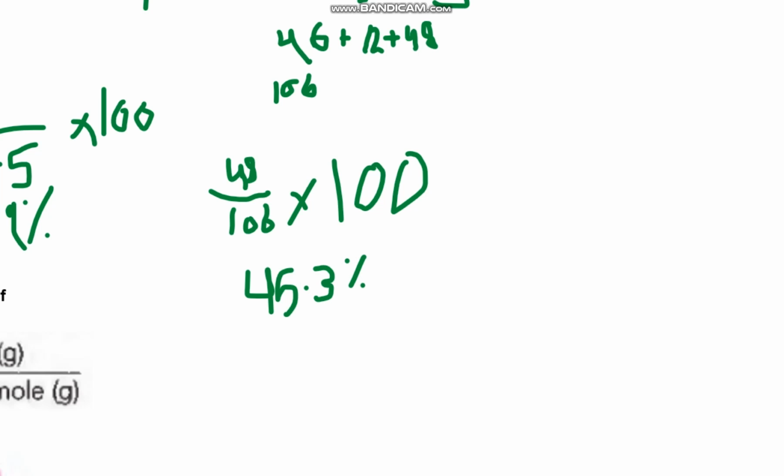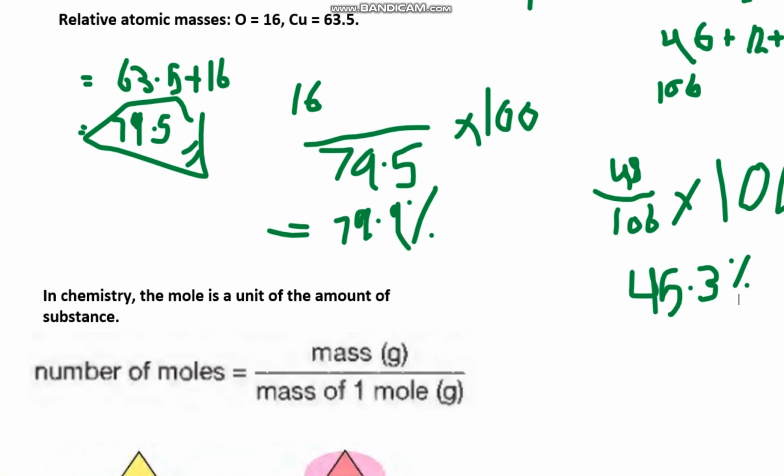So this will be our answer, and this is how we do these types of questions. It's a longer method, you can do it more straightforwardly, but to understand it, this is better.